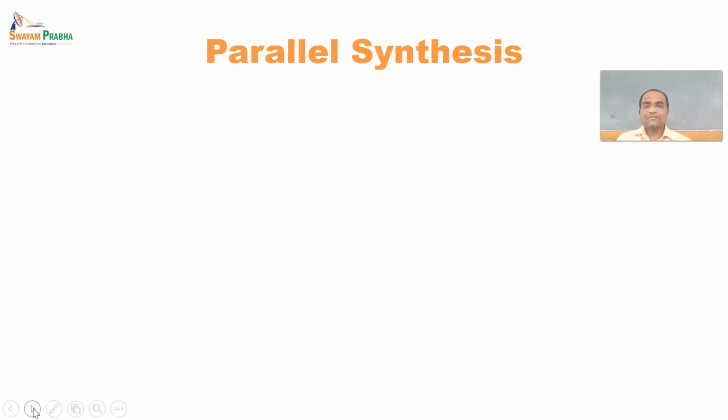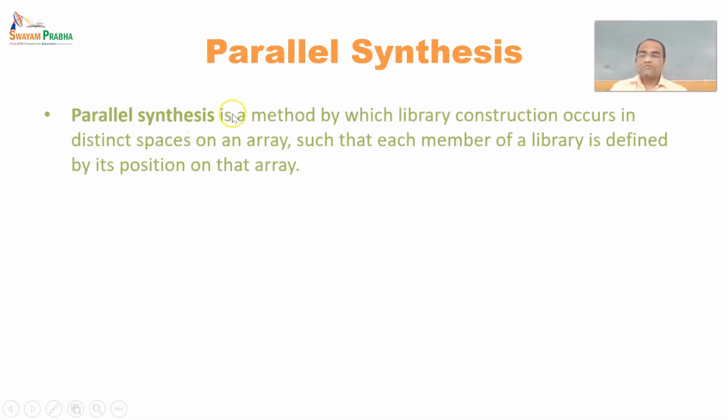First one, the parallel synthesis method. In the parallel synthesis method, library construction occurs in distinct spaces on an array, such that each member of the library is defined by its position on that array. We can understand this statement with a figure.